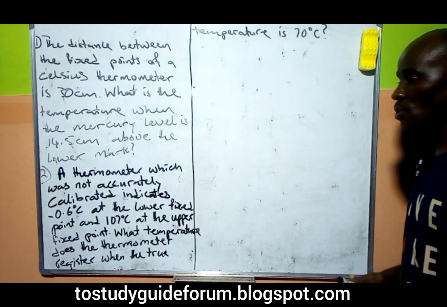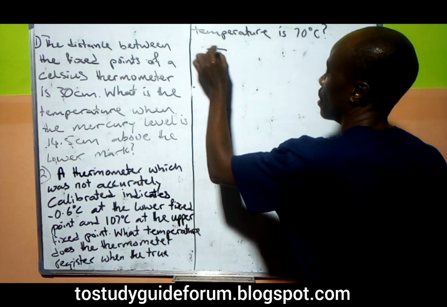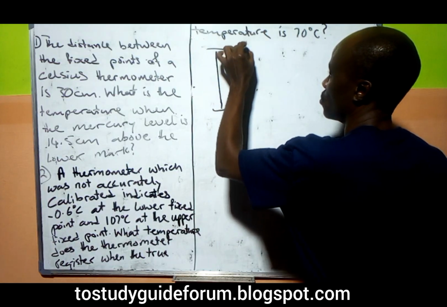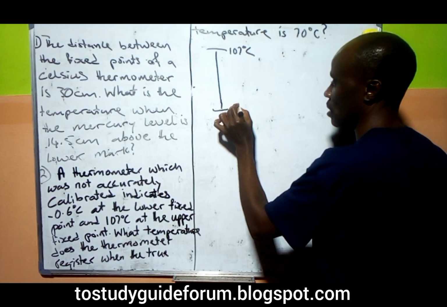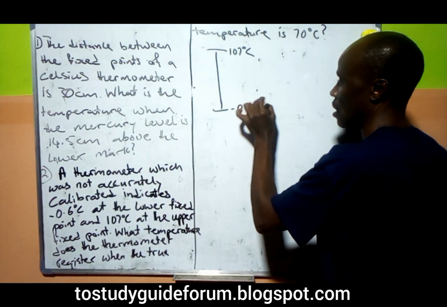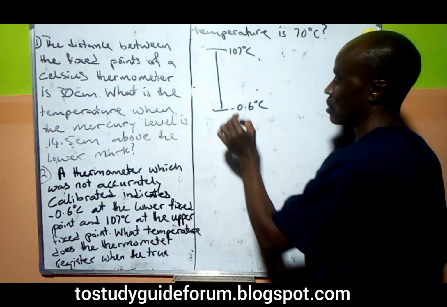The first temperature we have here is the one that is not correct, and has the upper fixed point to be 107 degrees Celsius, while the lower fixed point is minus 0.6 degrees Celsius.